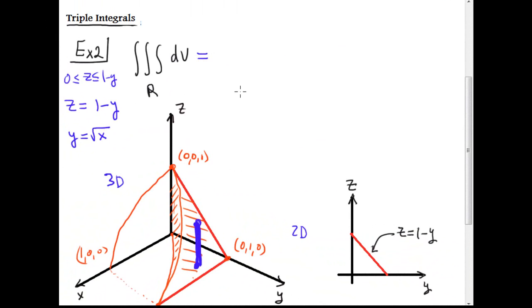Okay, so I want to explain now x simple. X simple is an integration in one direction parallel to the x, like that.